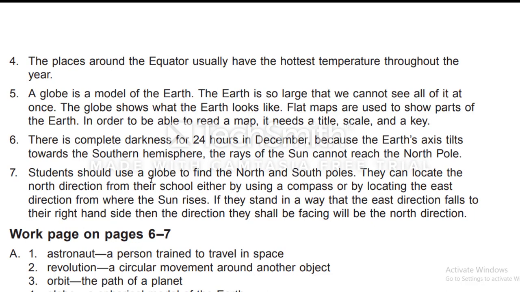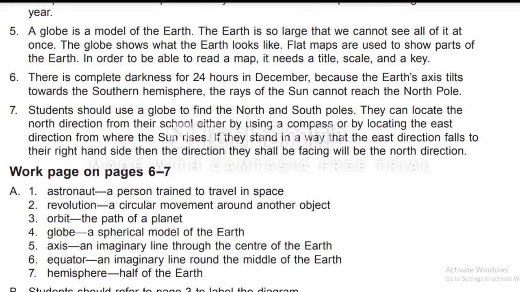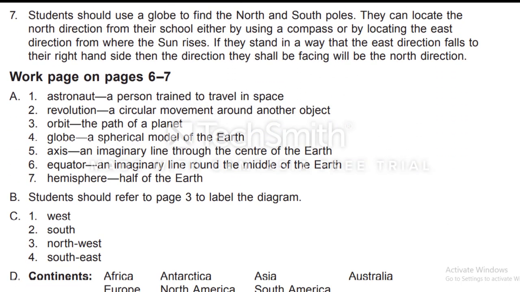Page number 6. Match the following with their meanings. Astronaut is a person trained to travel in the space. Revolution, a circular movement around another object. Orbit, the path of a planet.